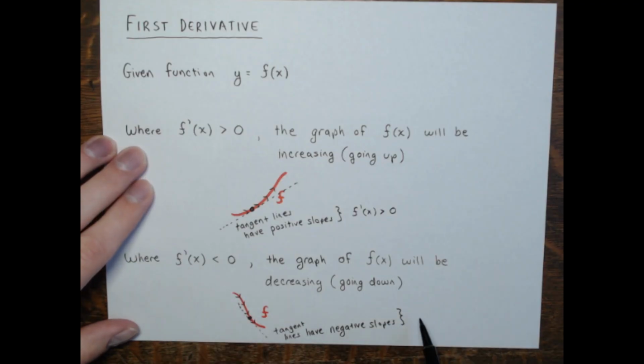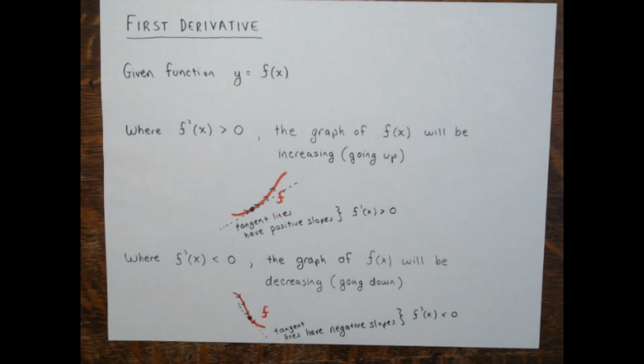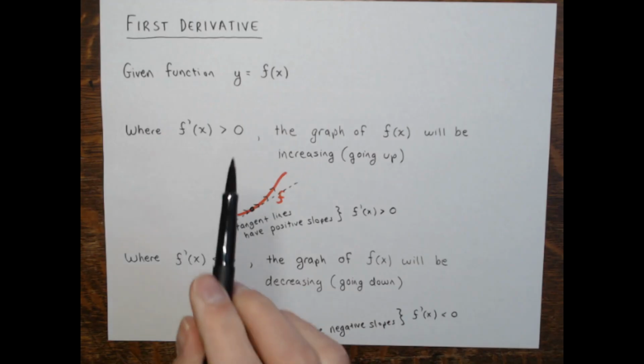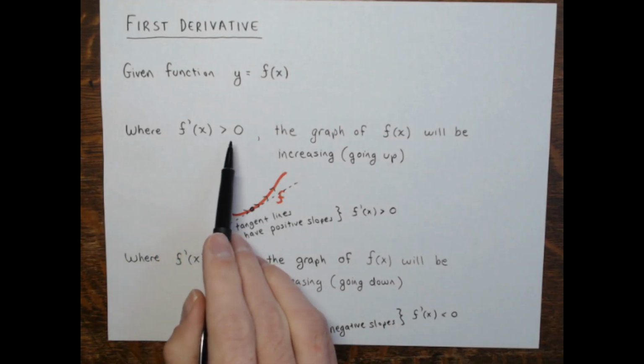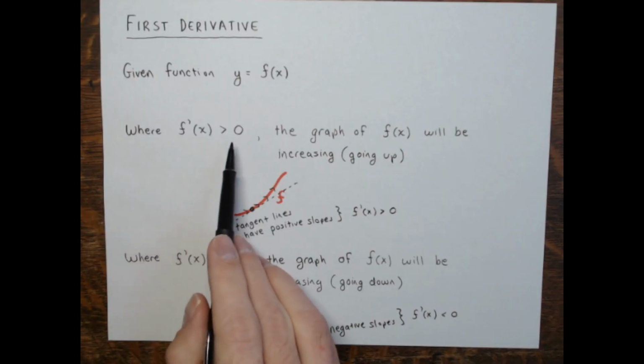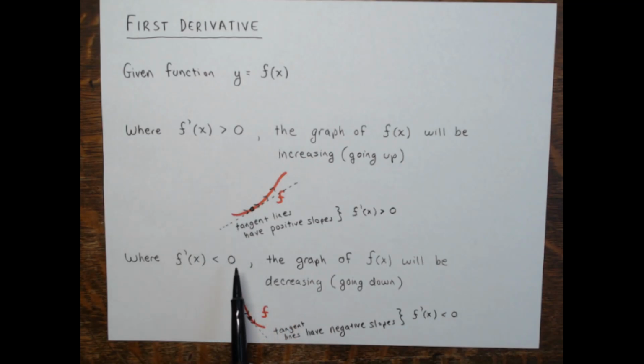That means the first derivative at these points, f prime, is less than 0, it's negative. All right, and so this is where the derivative is positive, where the derivative is negative.